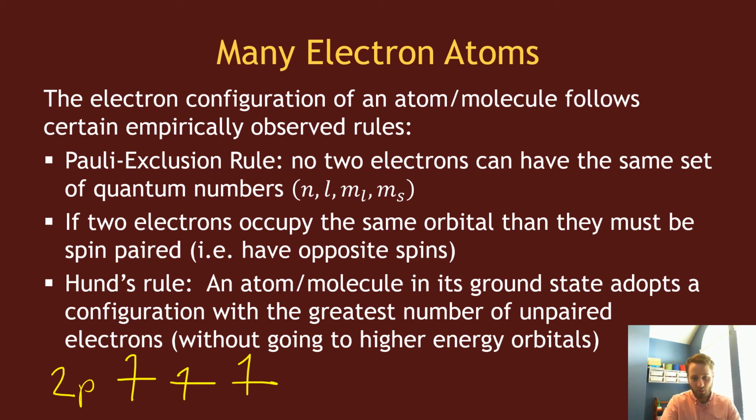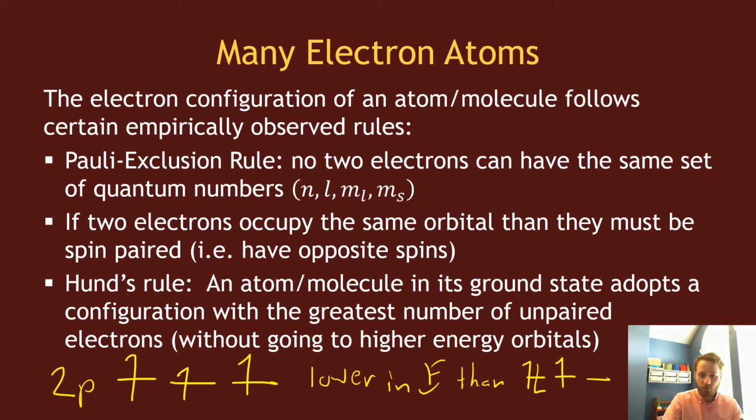This is lower in energy than if I had something like this, where I paired up two of my electrons instead of leaving them all unpaired. When we get to the independent particle approximation in later videos, later in class, we'll see why this is the case, where this comes from.